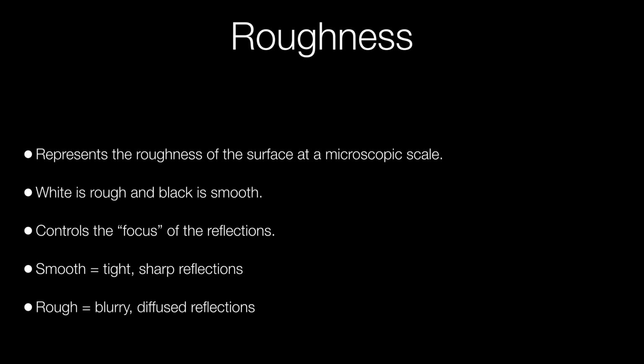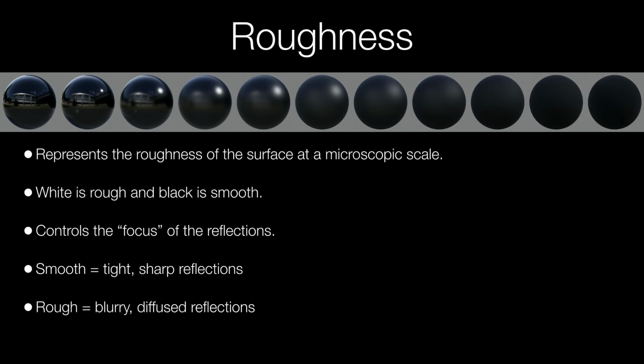And now let's take a look at roughness. This is a really interesting one. Roughness is kind of like a normal map, but on a microscopic scale. It represents what the surface looks like at a sub-pixel level. So is the surface smooth or is it rough?